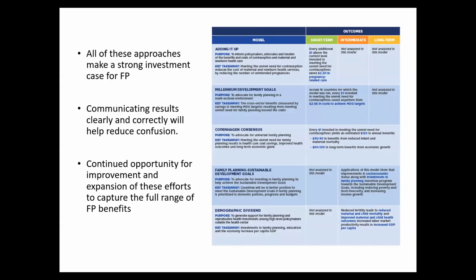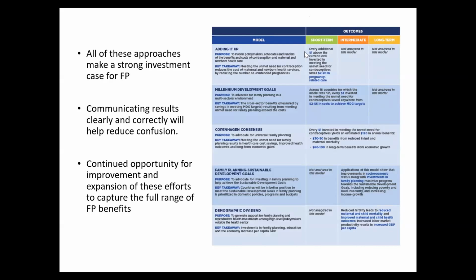So just to close here, I want to say that all of these approaches, regardless of which one you choose, make a strong investment case for family planning. They all characterize family planning as a best buy. They are, however, all very different, and accurately communicating the results will help to reduce confusion.